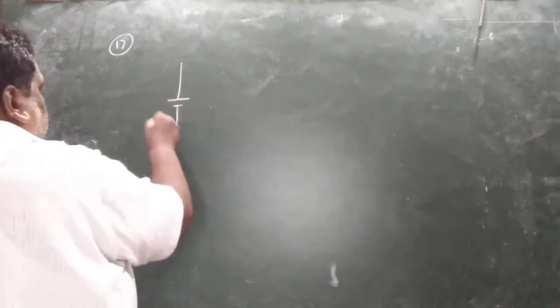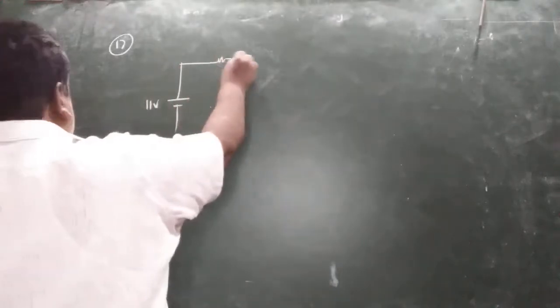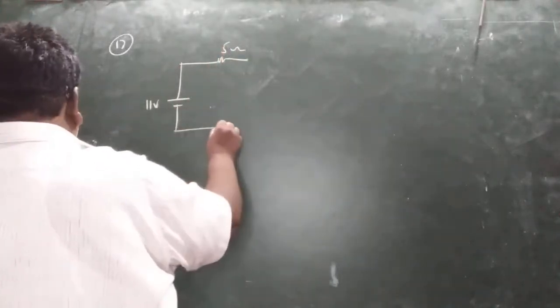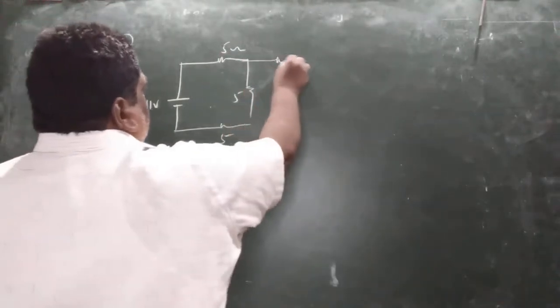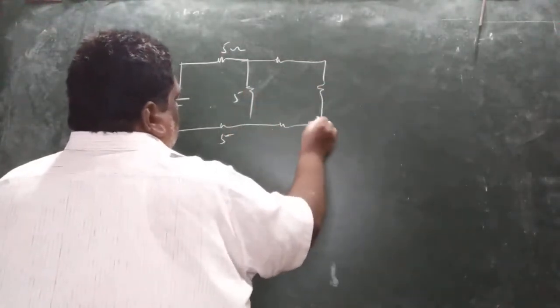Here an 11 volt battery is present, with 5 ohms, 5 ohms, 5 ohms, 5 ohms.